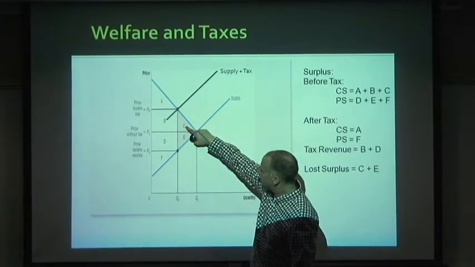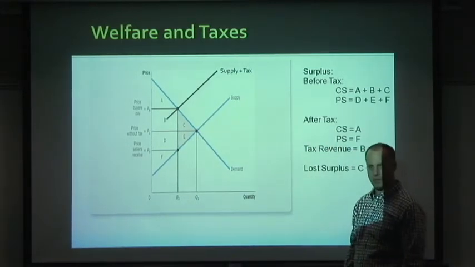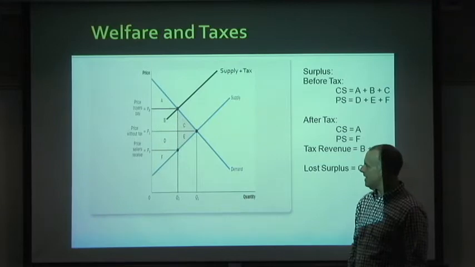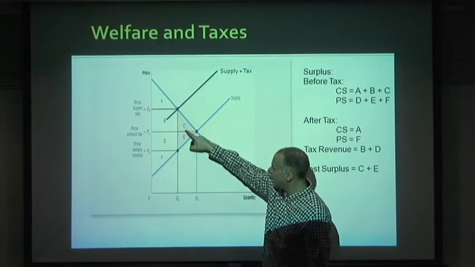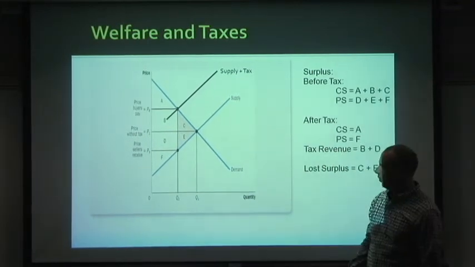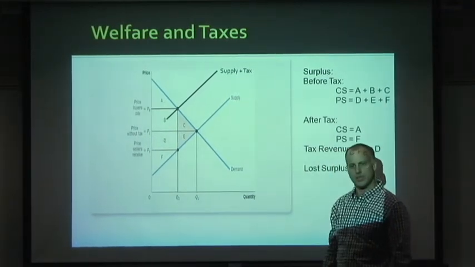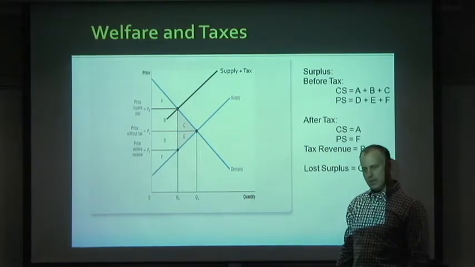Right? Area C and area E are lost. This is an efficiency loss that comes about because of the tax. Here's a unit that would provide a benefit to the consumer who might buy it, could be produced at a cost that's lower than the old equilibrium price, but that transaction never happens because of the tax.